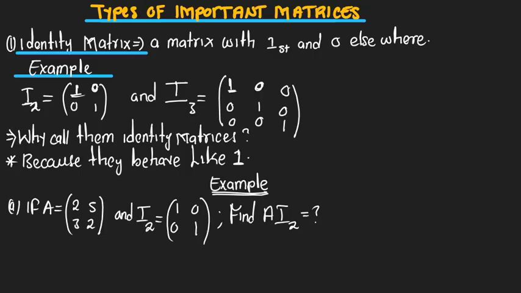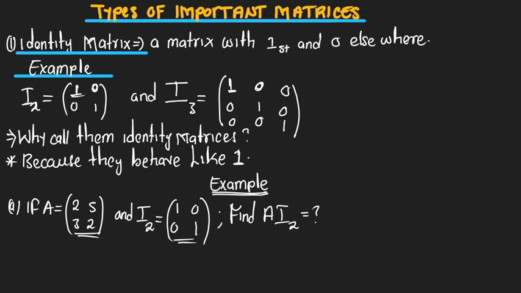So if you are multiplying anything by an identity matrix, just know that you are going to have that matrix. A very good example is where we have this matrix and this matrix.